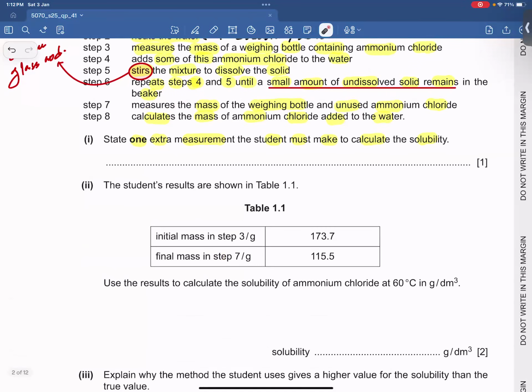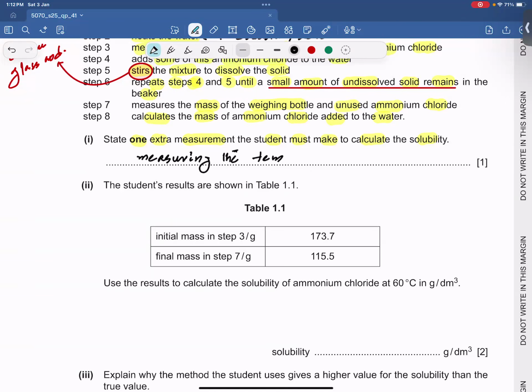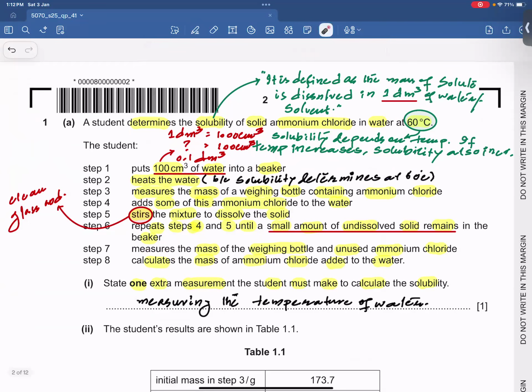So one extra measurement is the temperature of the water, because we were heating the water and need to maintain 60 degrees Celsius.